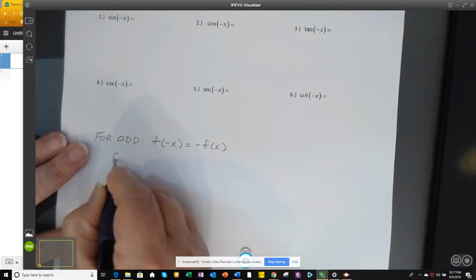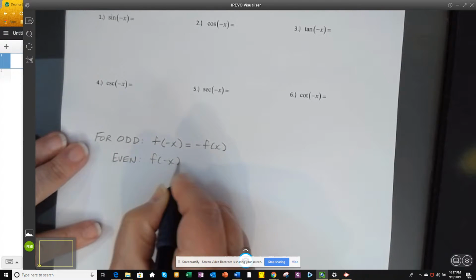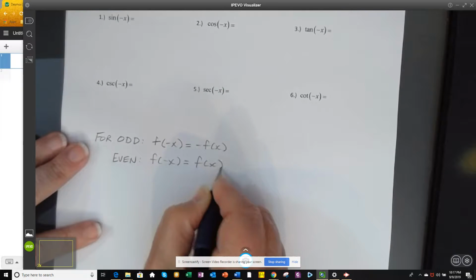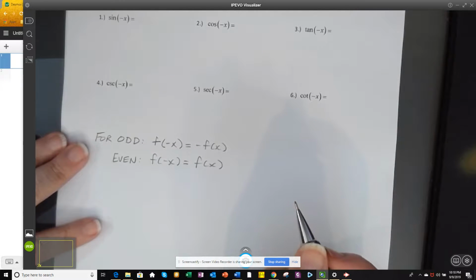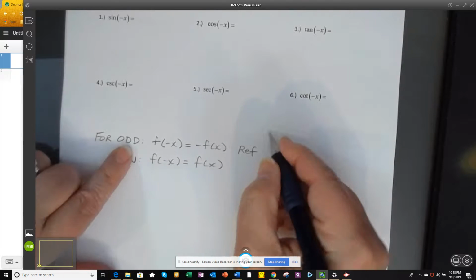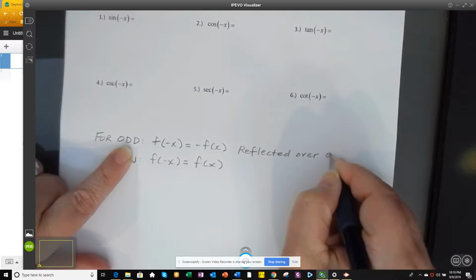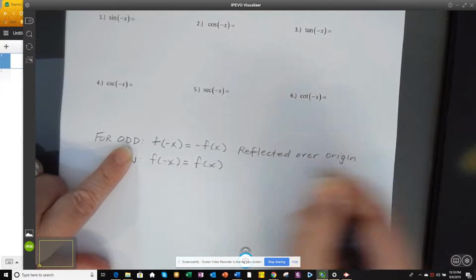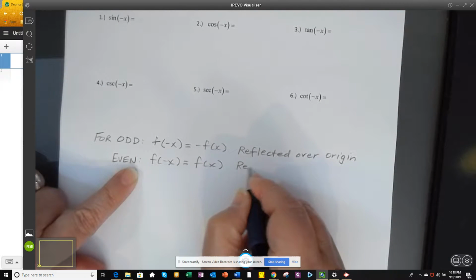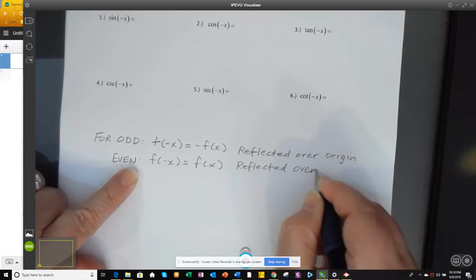And for even, you would say f of negative x is equal to f of x. Graphically, the odd functions are reflected over the origin, and the even functions were reflected over the y-axis.